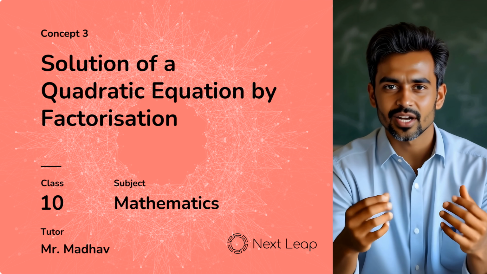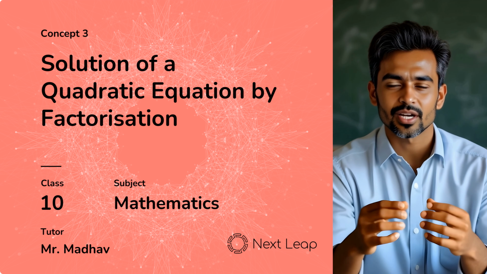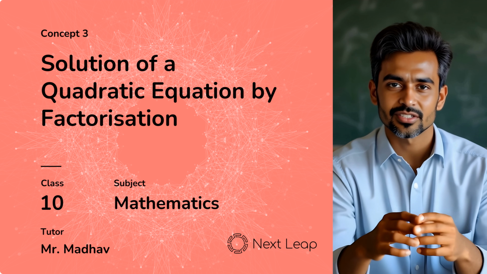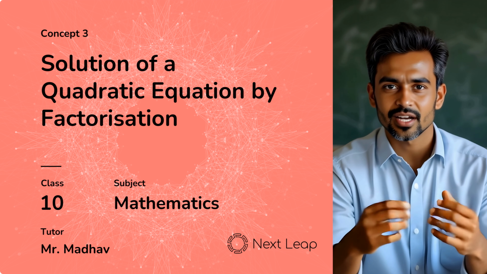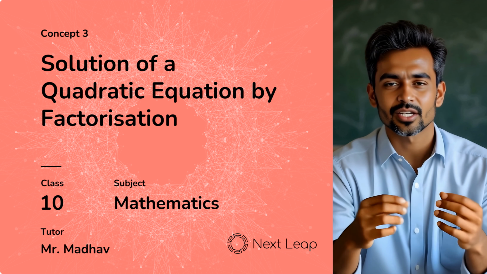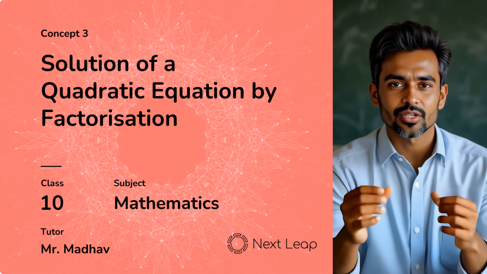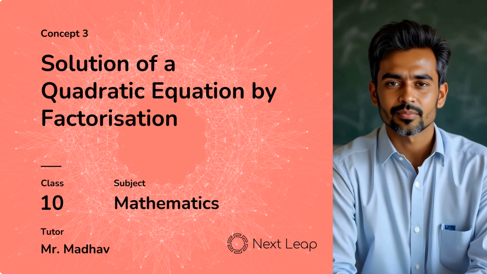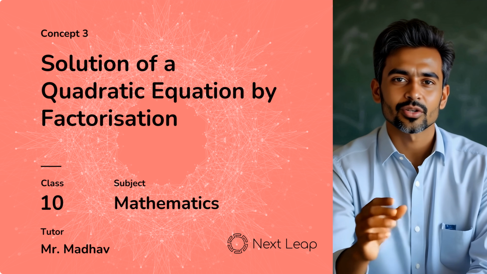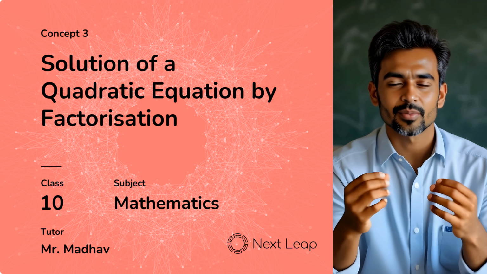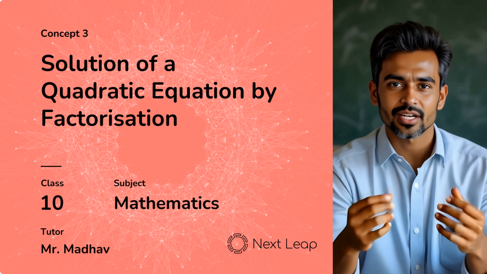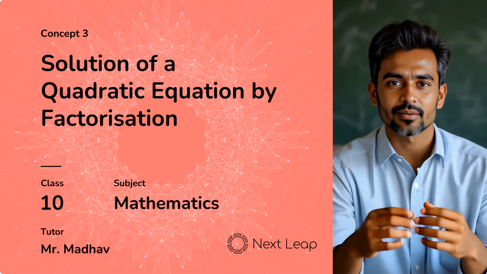If we have a quadratic equation like x squared plus bx plus c equals 0, and if putting a certain value of x makes both sides equal, then that value is called a root of the equation. For instance, in the equation 2x squared minus 3x plus 1 equals 0, try substituting x equals 1.